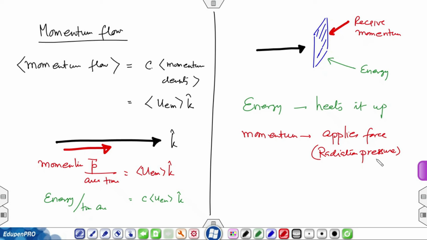It will be momentum coming in. So, let us see, if there is momentum coming in, P per unit area per unit time, and goes out, let us say P prime. Some gets absorbed and some gets reflected. Then the pressure is going to be equal to P times 1 plus R, where R is the reflectance.